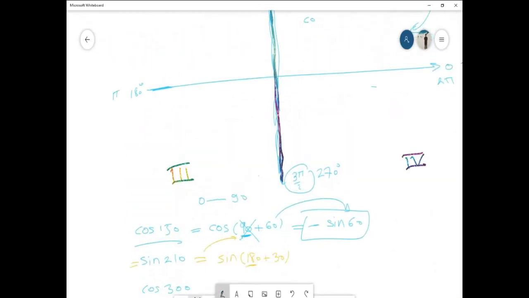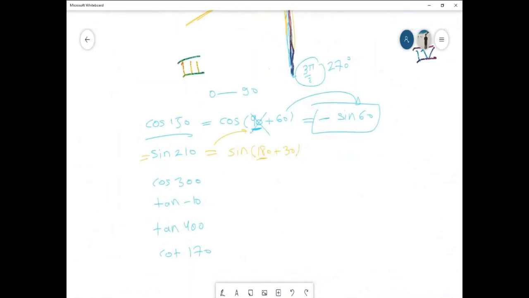210 is close to 180. Okay, we can write this as sine of 180 plus 30. Am I right? With this boundary, or I can write this with another boundary. As you know, 210 is somewhere here, right? If I start from here to here, it will be 210 degrees. So I can write this with this boundary or with this.